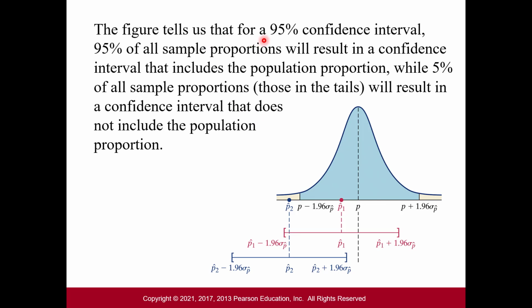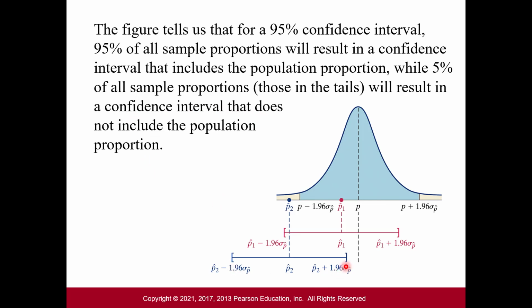So the figure tells us that for a 95% confidence interval, 95% of all sample proportions will result in a confidence interval that includes the population proportion. While only 5% of all sample proportions, which happens to be those in the tail, will result in a confidence interval that does not include the population proportion.